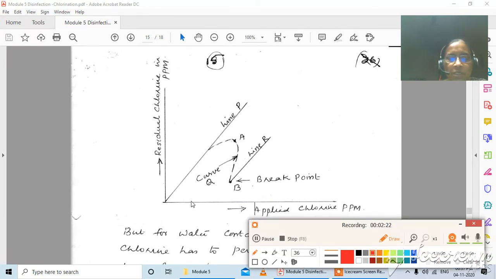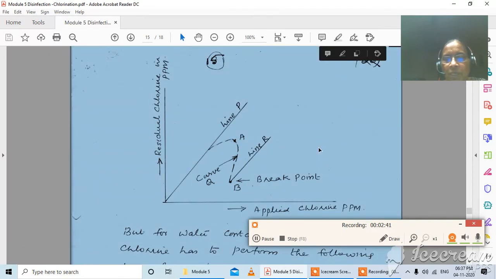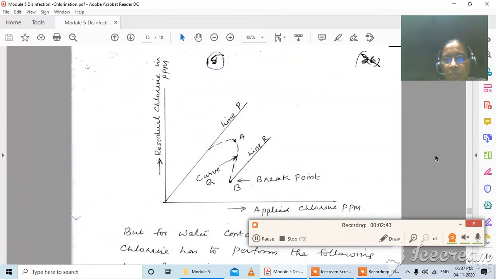Now here you can see that at point A, even though the residual chlorine is increasing up to this particular point, the curve has then come down.